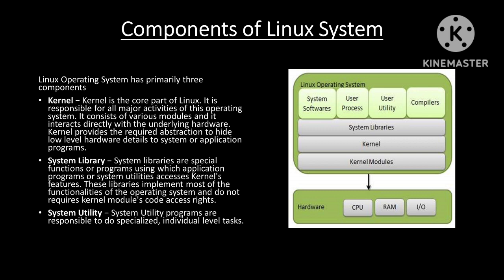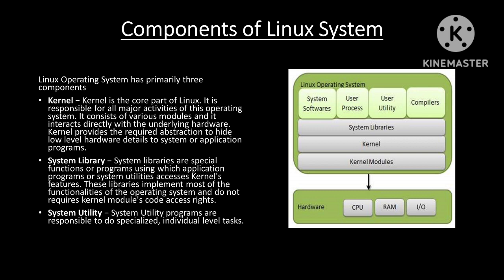Then the second component is the system library. System libraries are special functions or programs using which application programs or system utilities access kernel features. So through the system library only, the users can interact with the kernel part of the Linux operating system.